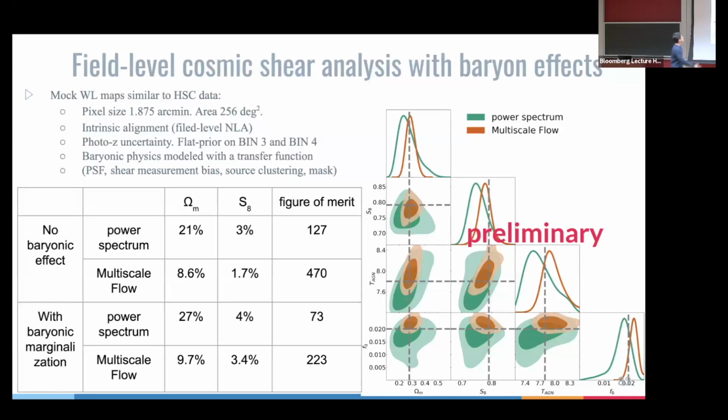Right, for this comparison we are using the same scales, but this is not the same as the official HSC analysis. The official HSC analysis uses a more conservative scale. This is just on some mock data. For the real data, we definitely need to determine how we are going to do the scale cut.